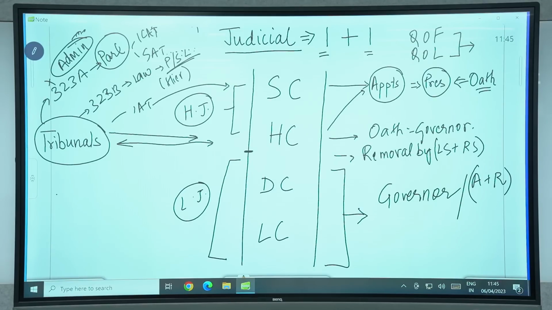What is the difference between a tribunal and a court of law? Now that is a prelims question. There are a few basic differences. Difference number one. A formal court of law will always have judges of a judicial background, of a legal background. Our formal courts are representations of common law.